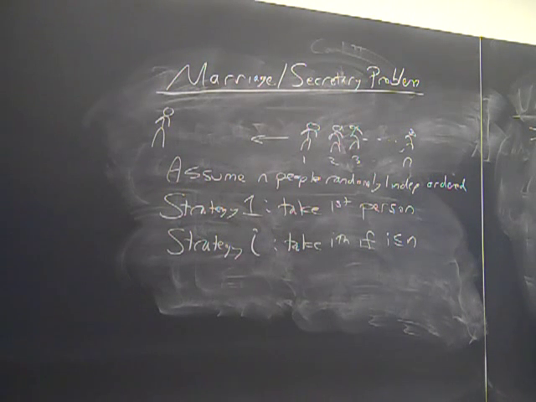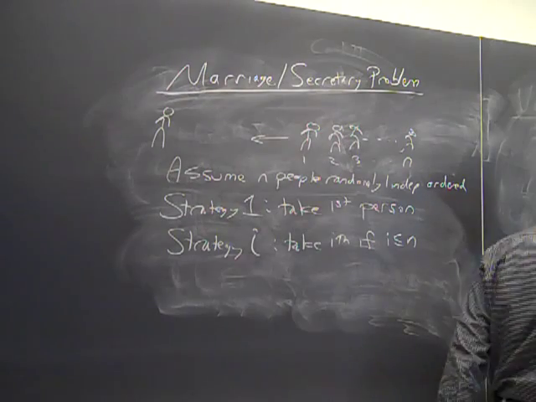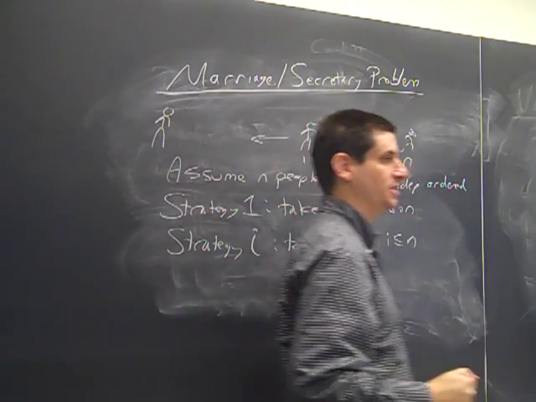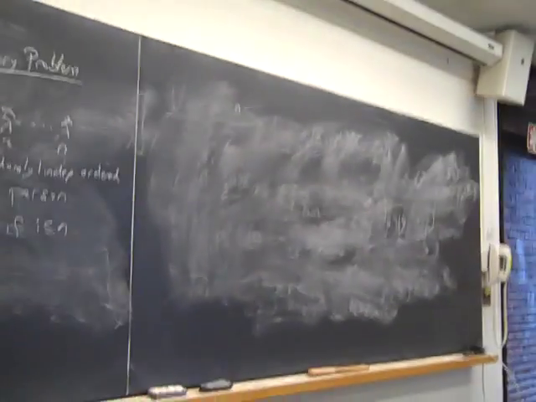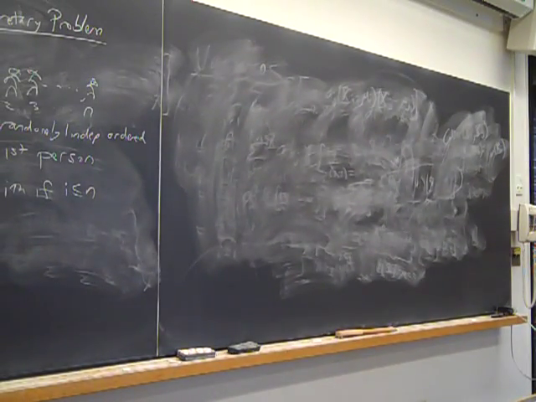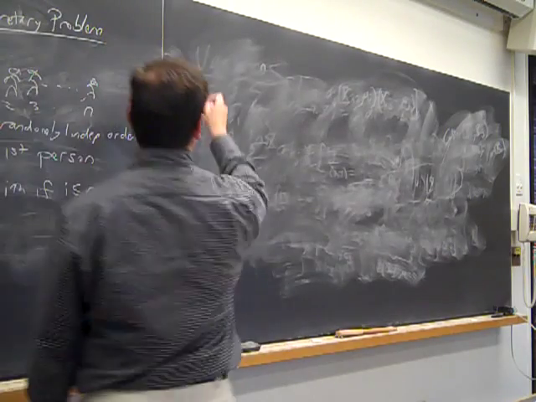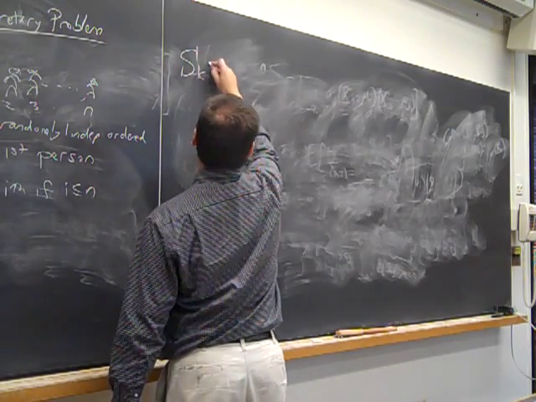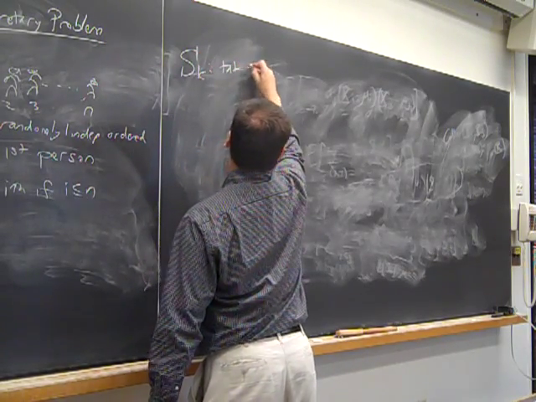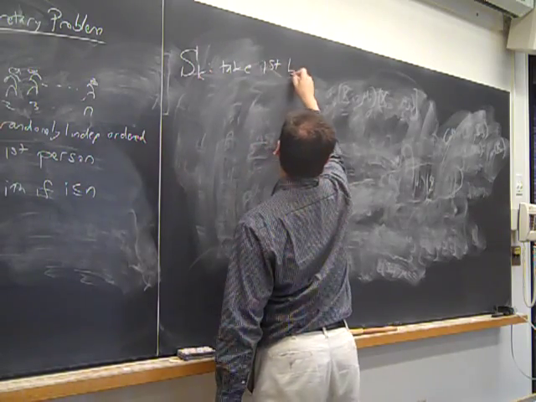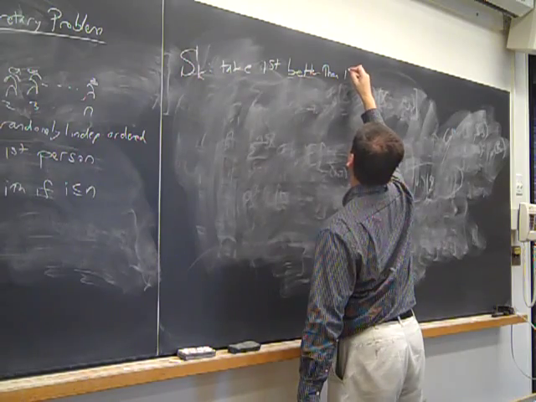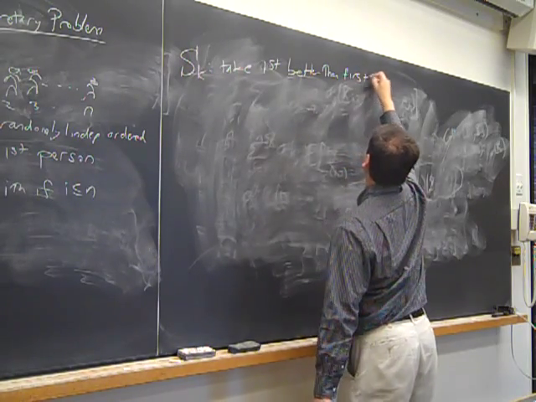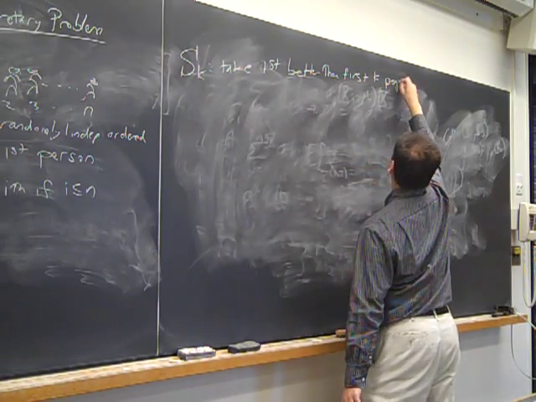And I'm going to modify what you said just a little bit. So you said take the first person better than the first person I see. So what we're going to do is call that strategy S sub k, but rather than taking the first person better than the first person, S_k: take the first person better than the first k people.